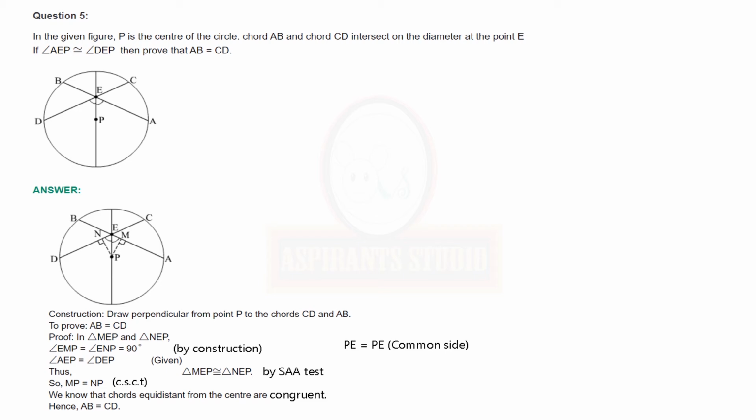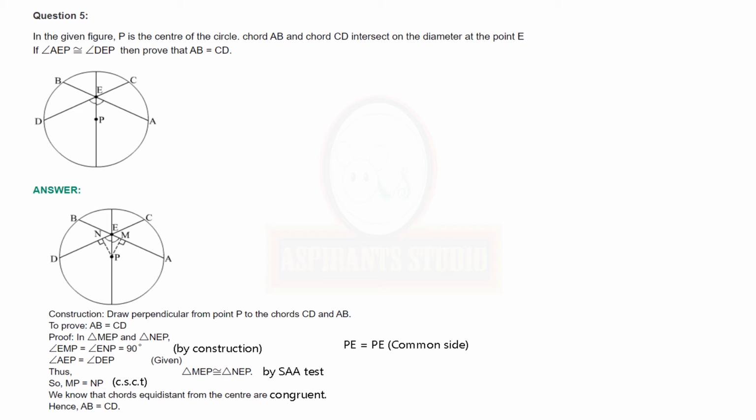You have to make a construction. Draw perpendicular from point P to the chords CD and AB. So here the perpendiculars are: PN is a perpendicular which is drawn from P to the chord CD, and PM is a perpendicular which is drawn from the point P to the chord AB.